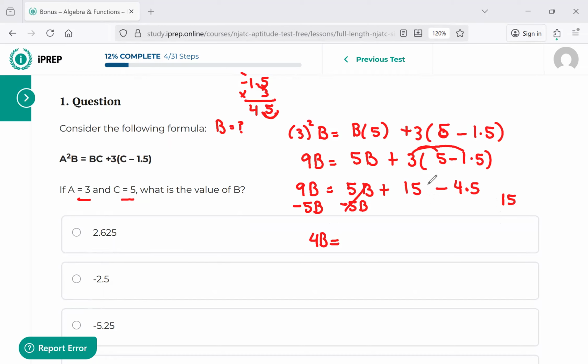It's not the same thing as multiplying, right? So 15 does have an invisible decimal here, and then minus 4.5. You see how I lined up the decimals, and I put the smaller number on the bottom. So what's 10 minus 5? 5. Carry the 1. This is 4. This is 0. And then bring down the 0. So this is 10.5.